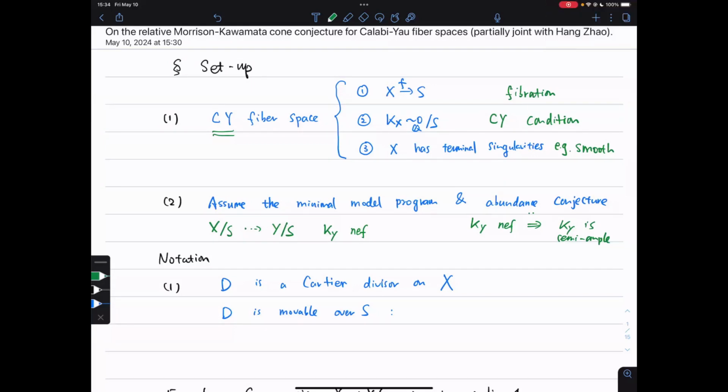I am assuming MMP for pairs actually, because I need to perturb my divisors in some effective cone. But even if I'm not working with pairs, I also need to use the minimal model program. I will point out where this is used.